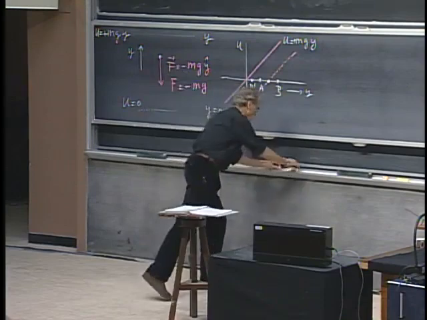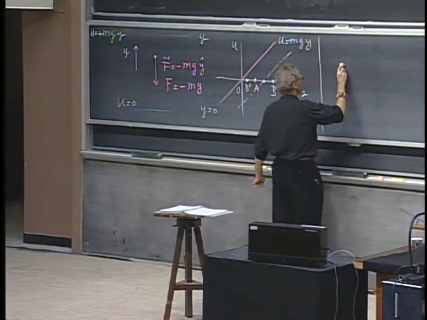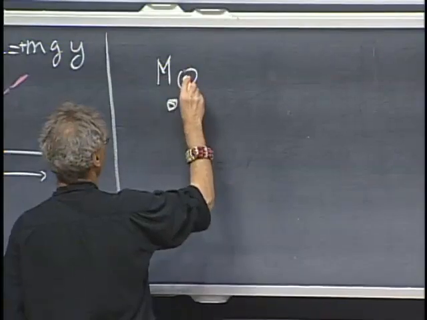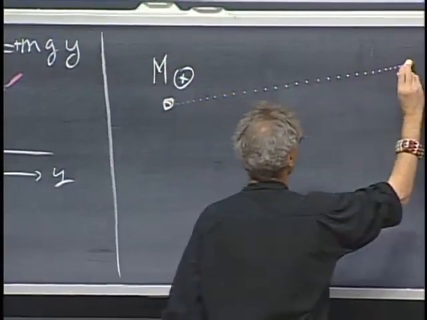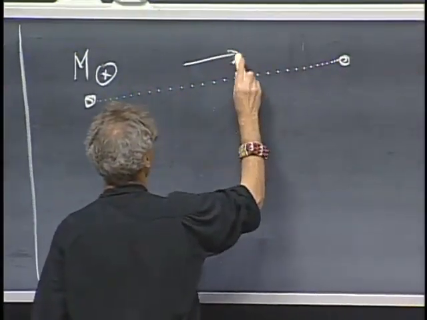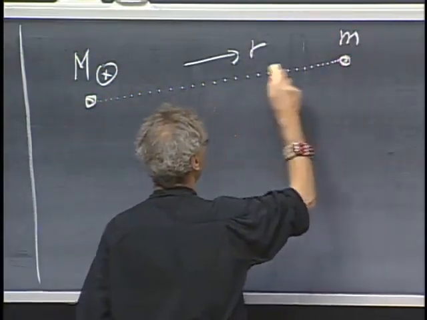Now we take the situation whereby we are not so close to the Earth. Here is the Earth itself. Of course, you can also replace that by the sun if you want to. And this is increasing value of r. The distance between here and this object m equals r.